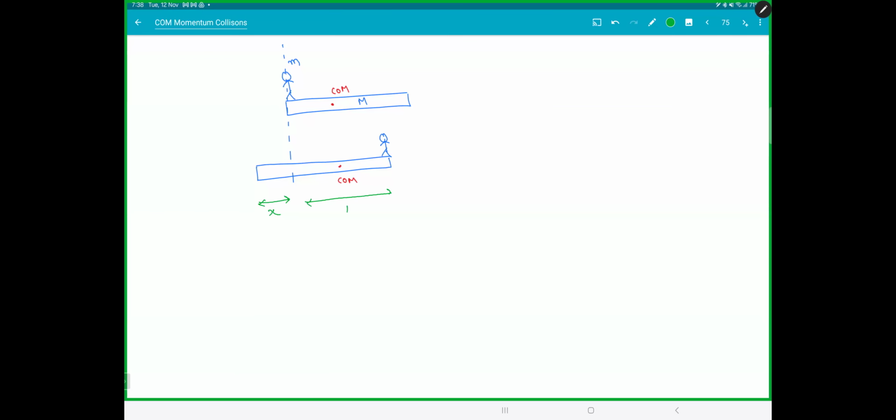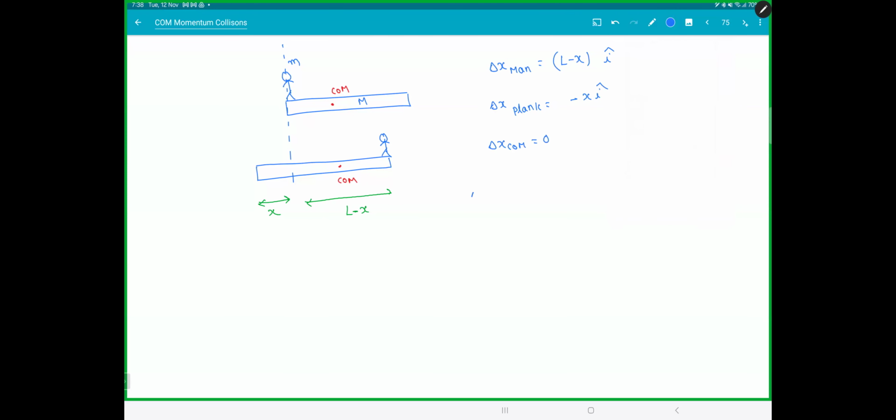He walked only L minus x, right? So delta x of man is (L minus x) i cap. Delta x of plank, plank has gone backward, minus x i cap. And delta x of center of mass is 0.